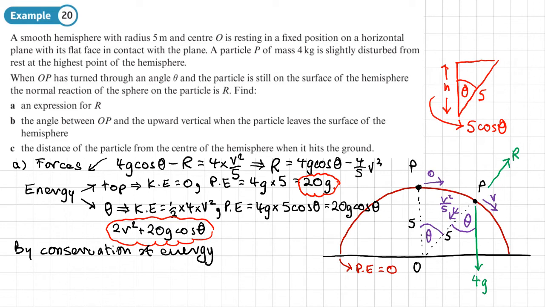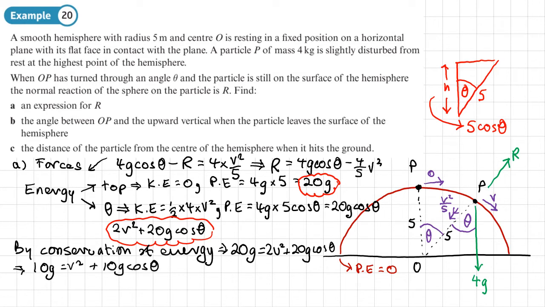So that means the energy at the top, 20g, is going to be equal to the energy once it's moved through an angle of theta, so that's 2v squared plus 20g cos theta. So what I'm going to do now is divide everything by 2, so I've got 10g is equal to v squared plus 10g cos theta.